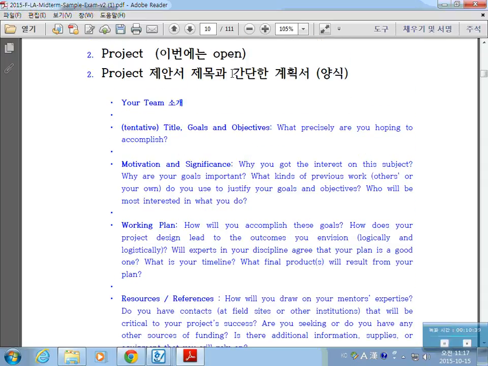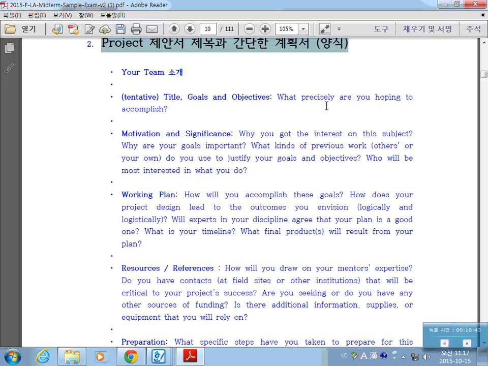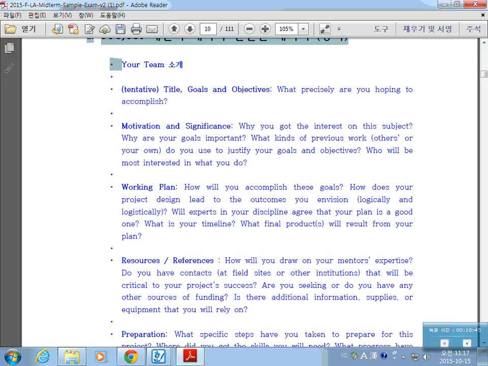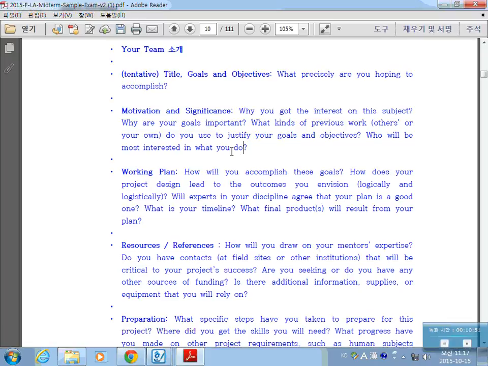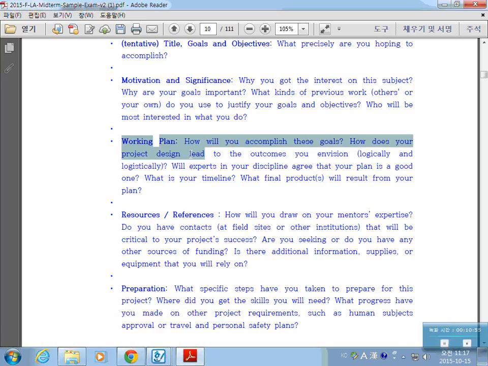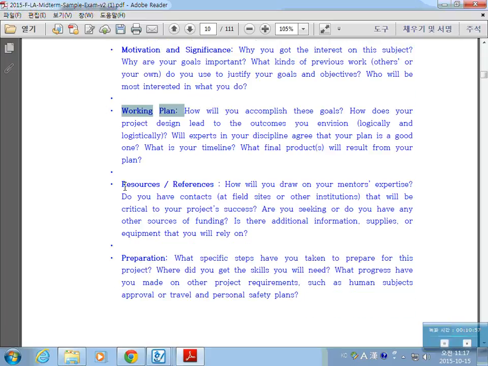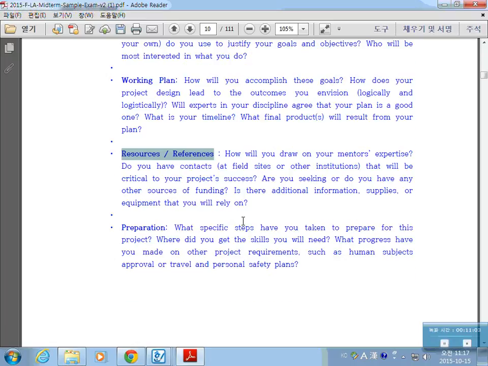In the midterm examination, you will see a project proposal, and then you may write your names and tentative titles and motivations and the importance of your work, your subject, and how you can handle those problems, what kind of references and web resources that you can utilize, and so on.